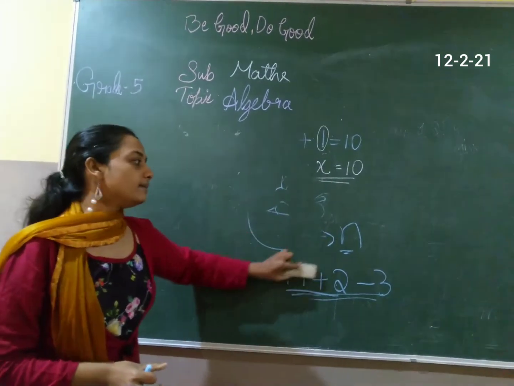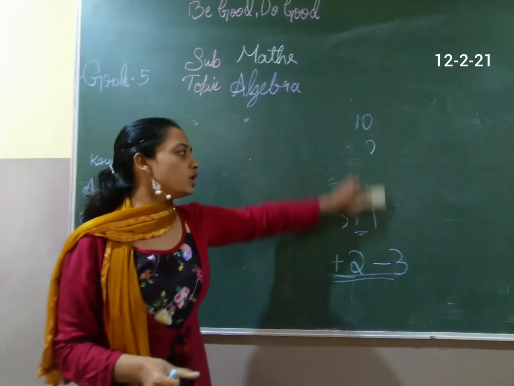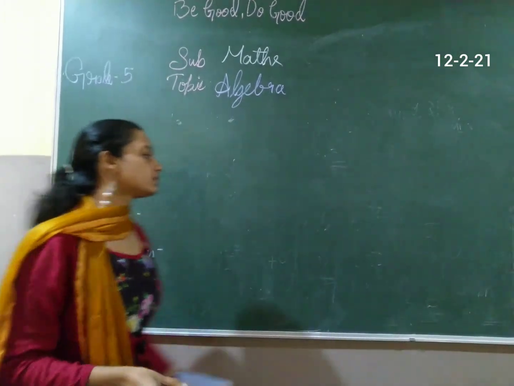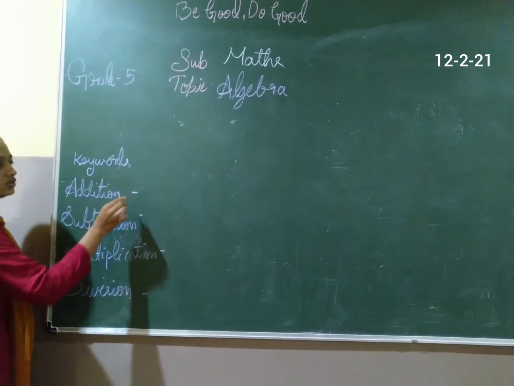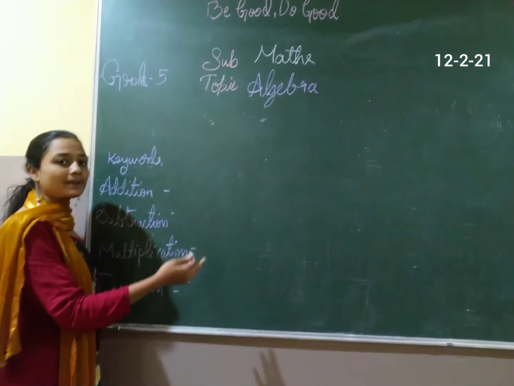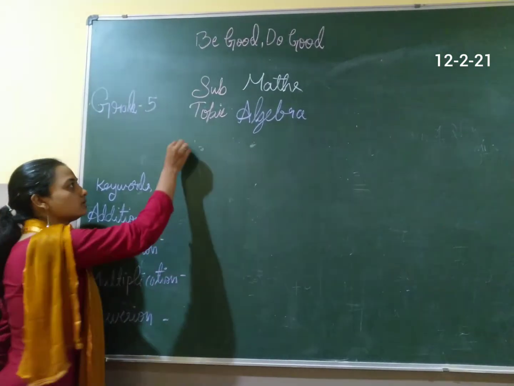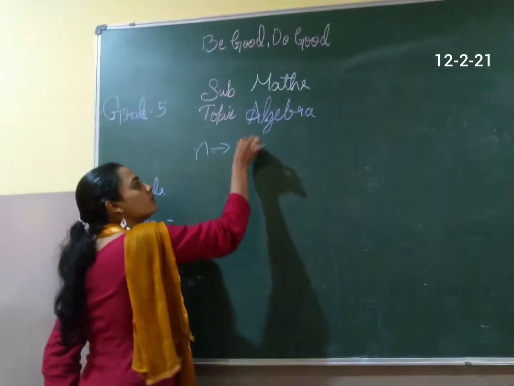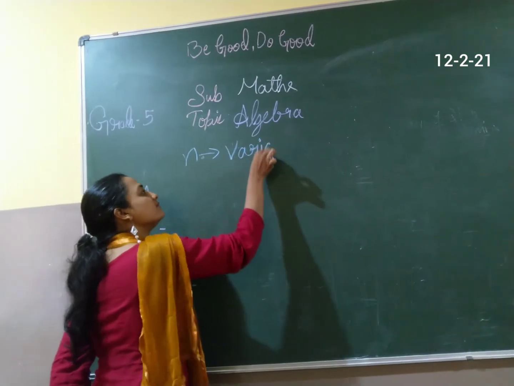And for making certain equations you have some keywords. So how will I know whether I should add a number or subtract a number with the n? This n which I wrote there has a name called variable.